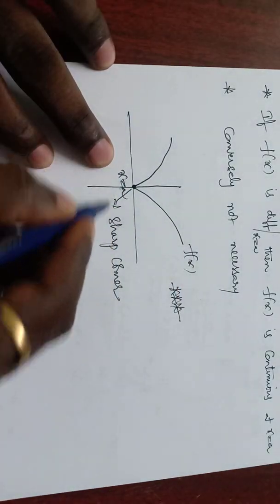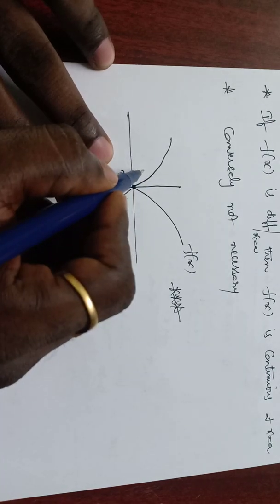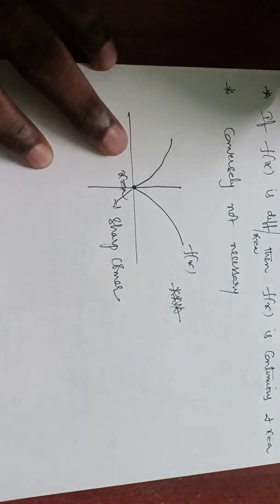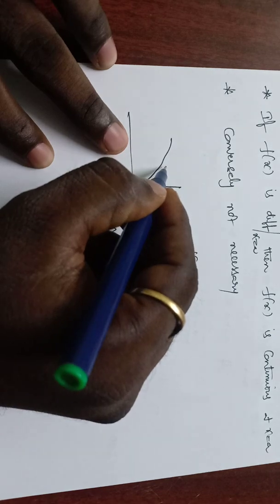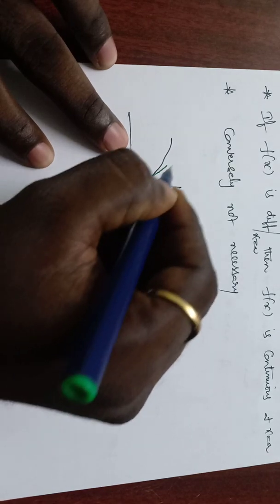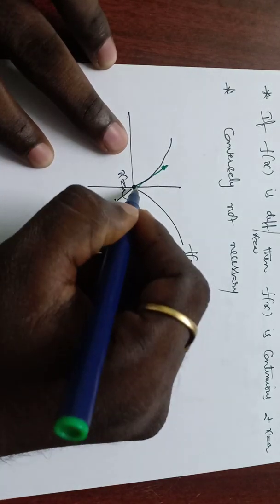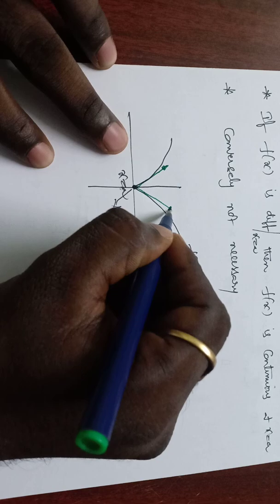At x equal to a we have a sharp corner, right? Now coming to the left derivative, the left derivative for this function will be like this, and the right derivative for this function will be like this.